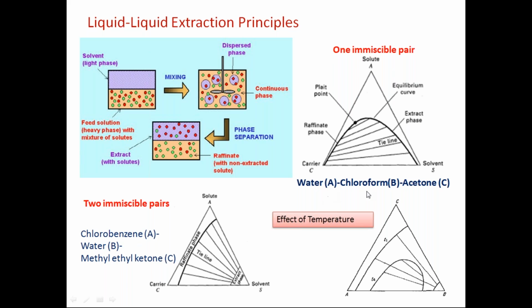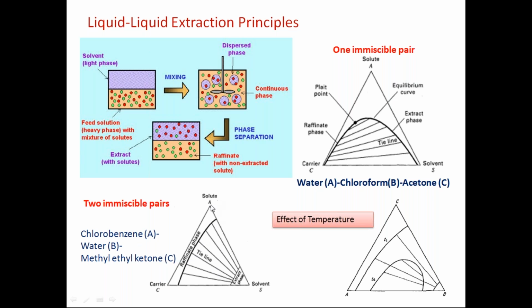If you take water, chloroform and acetone, you find this type of system, in which you find one plait point and also tie lines, and this curve is called either the equilibrium curve or the binodal curve. Another type of system is two pairs immiscible; chlorobenzene, water, and methyl ethyl ketone is an example to form this type of ternary diagram.